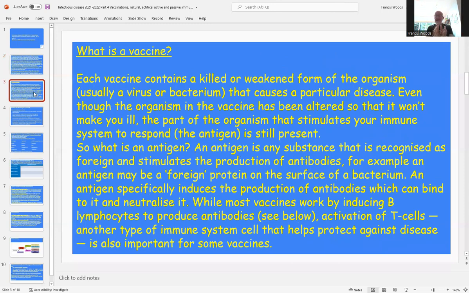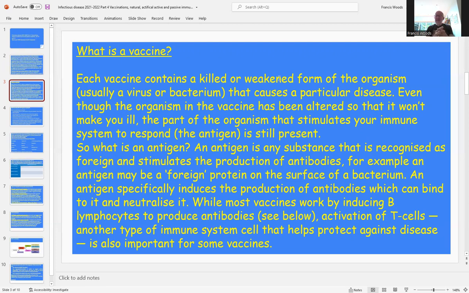Each vaccine contains either a killed or weakened form of the organism. You might find in your research that the word weakened means attenuated. That means it's been partially killed, so it's not really functioning. It won't give you the disease.